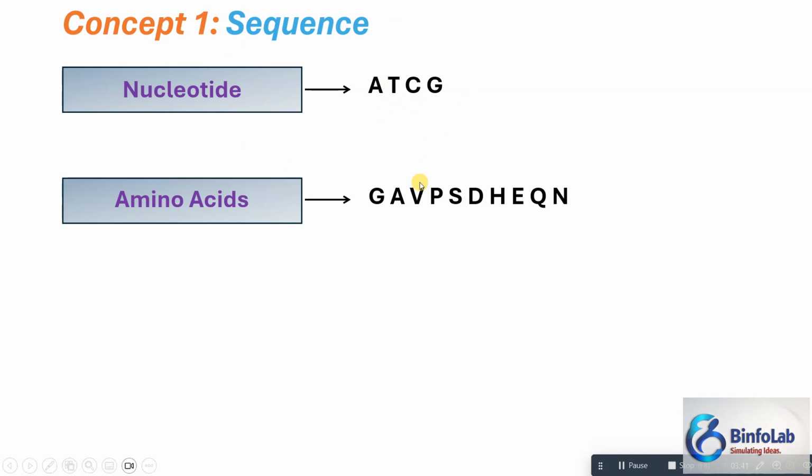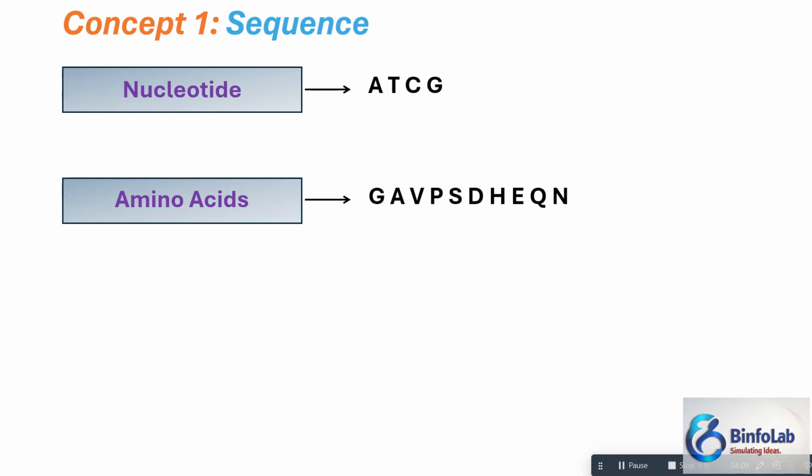Apart from these four letters, they will contain V. You can see V is not here. P, S, T, H, E, Q, N. And technically, we have read in our course books that there are 20 amino acids which code for proteins or for enzymes.